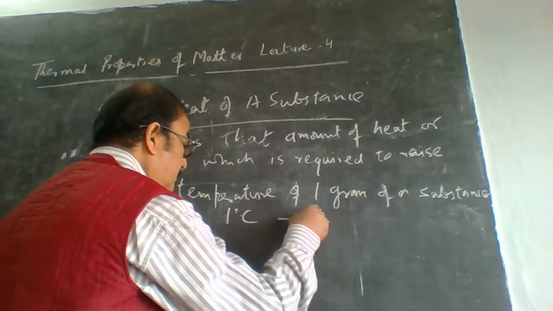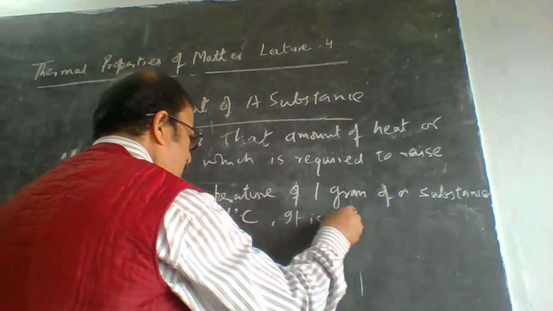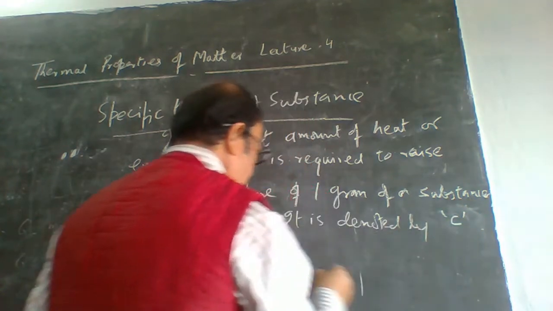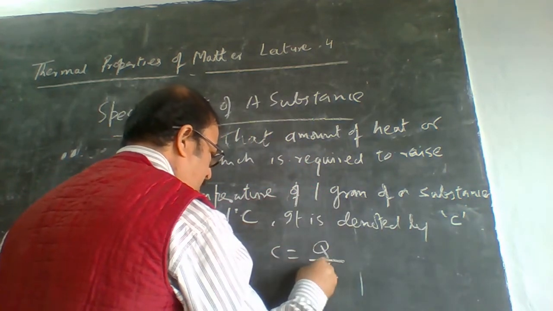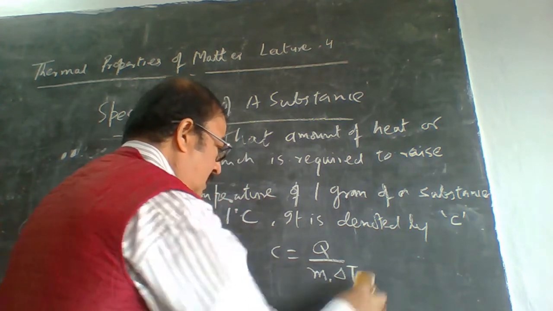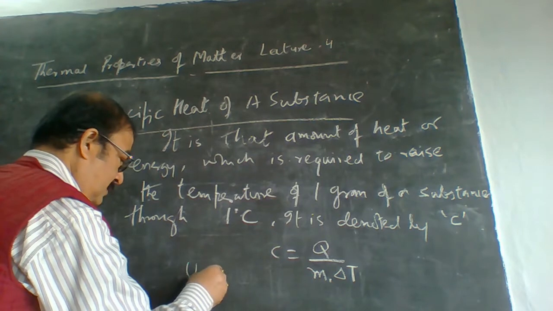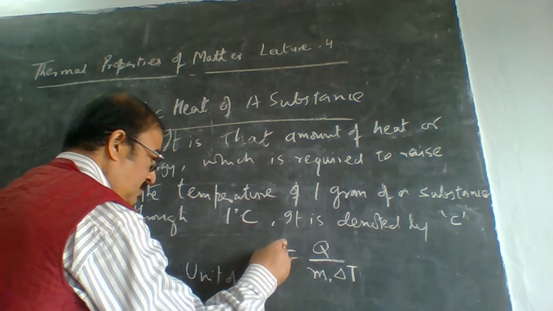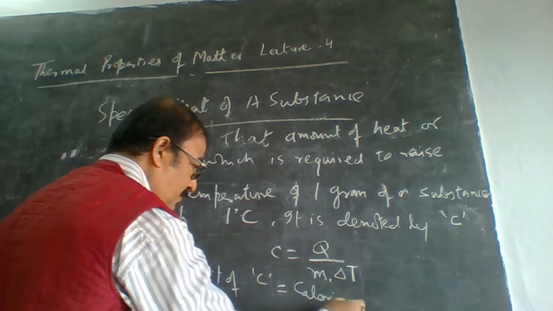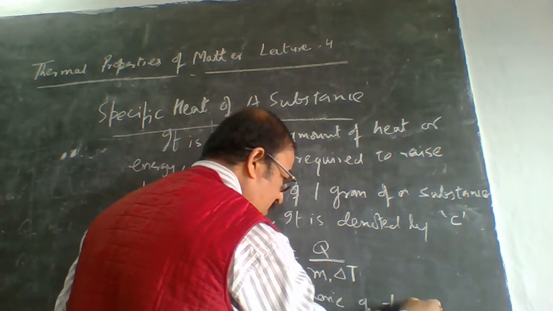It is denoted by small c, and we write c equal to Q upon m into delta T. Okay, and that is why the unit of small c is, of course, equal to calorie per gram per degree Celsius.